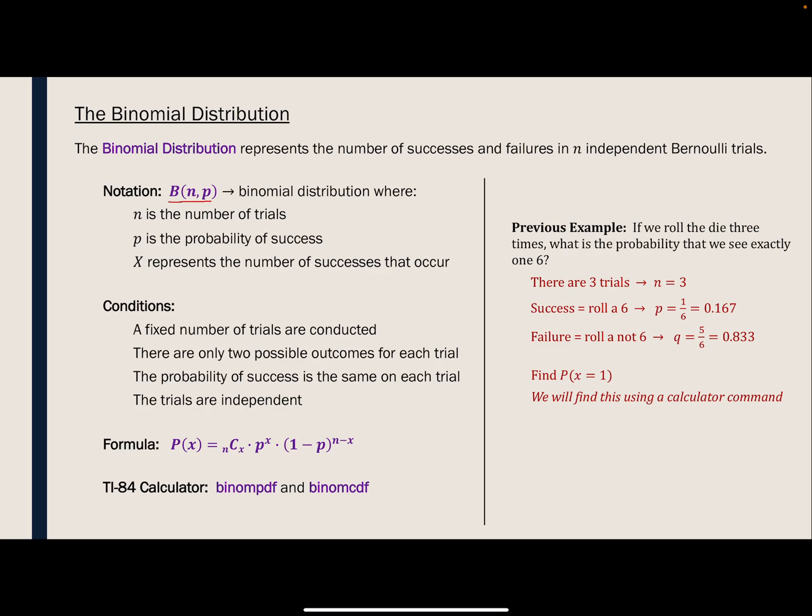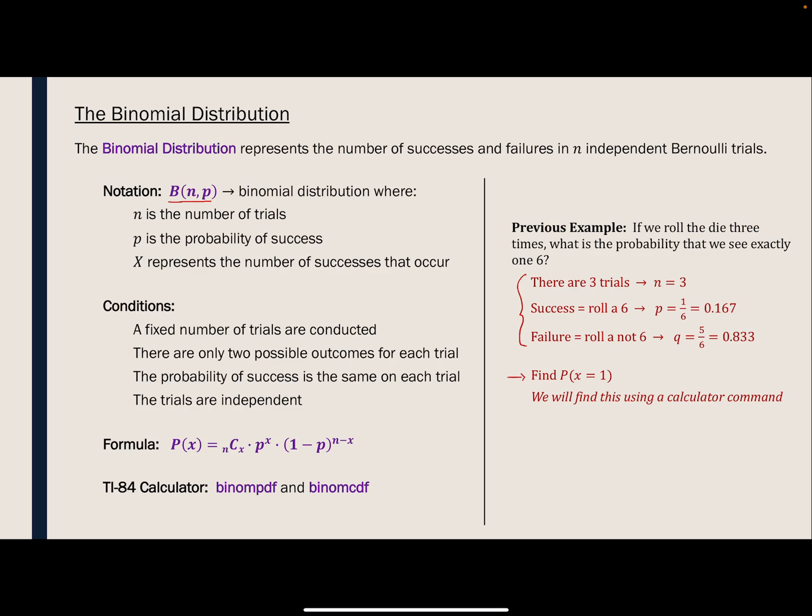The probability of success is the same for each trial, so we see that as long as we have independent trials. And so in our last problem, we were looking to find the probability of observing exactly one 6, where we had a fixed number of trials and the probability of success and failure were the same for each trial.